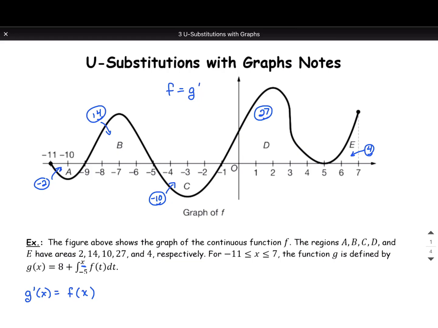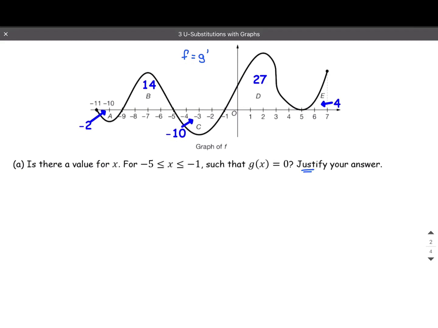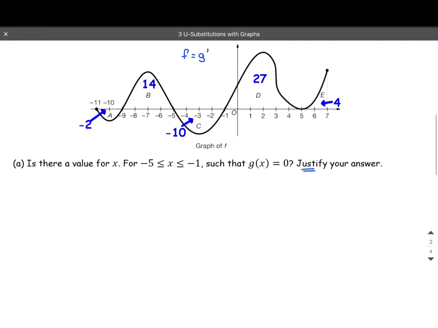Now, all we've done so far is read the beginning of the problem. Let's see what it is they actually want us to do. So in part A, is there a value of x between -5 and -1 such that g of x equals 0? And we have to justify our answer, so we have to be very specific.